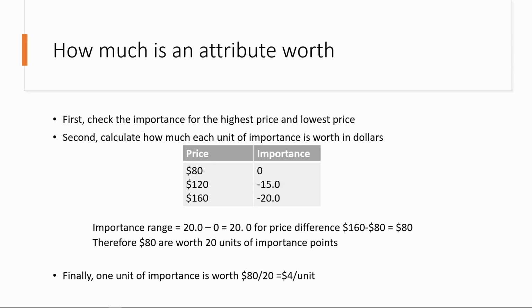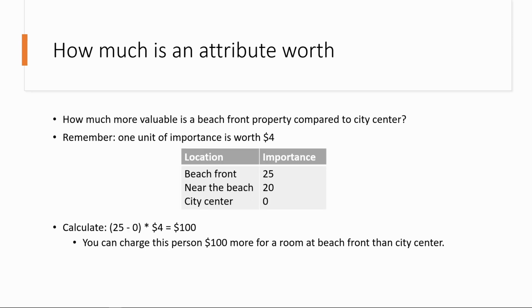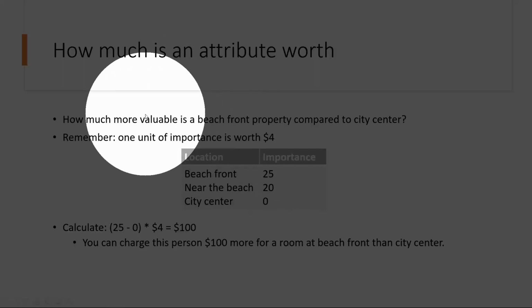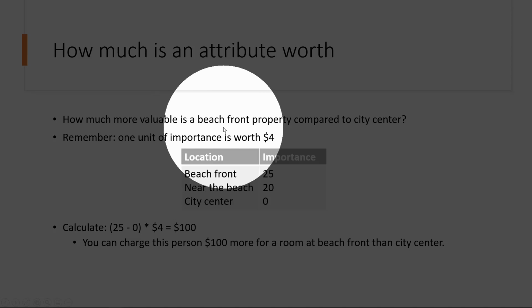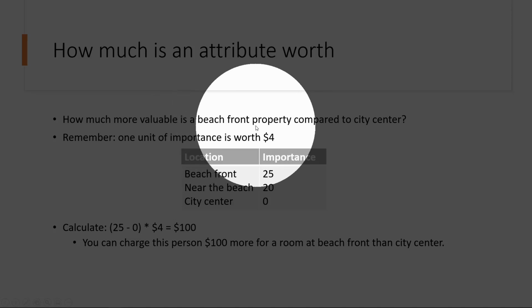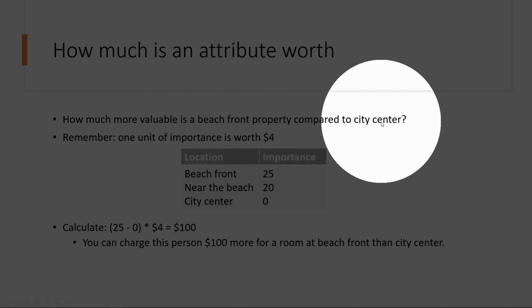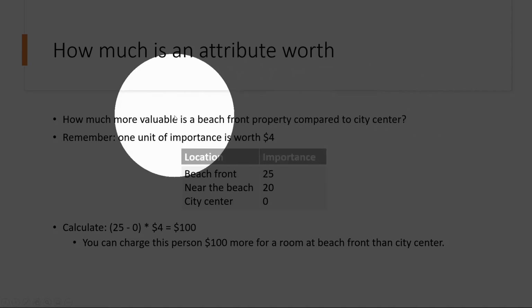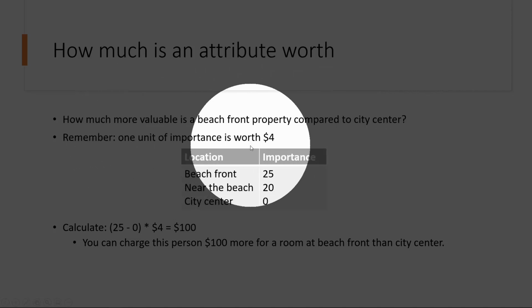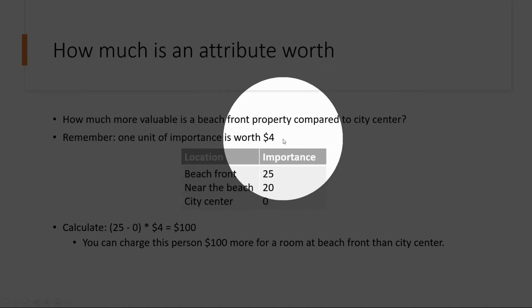That's $4 per unit. Then we can use this $4 per unit number to gauge how valuable an attribute level is. Here the question is, how much more valuable is a beachfront property compared to a city center property? And remember, 1 unit of importance is worth $4.